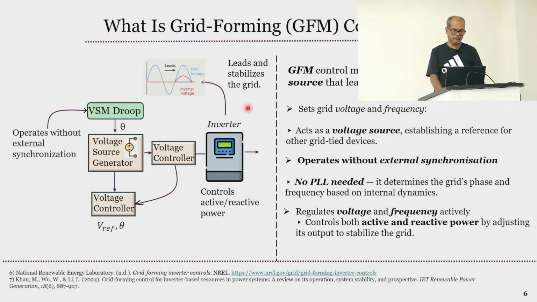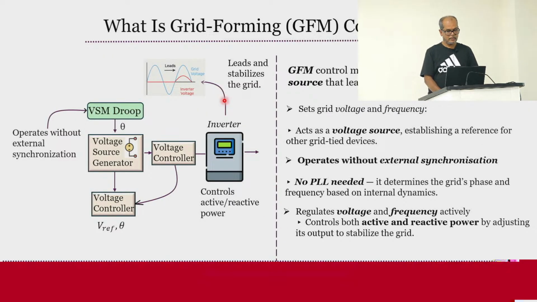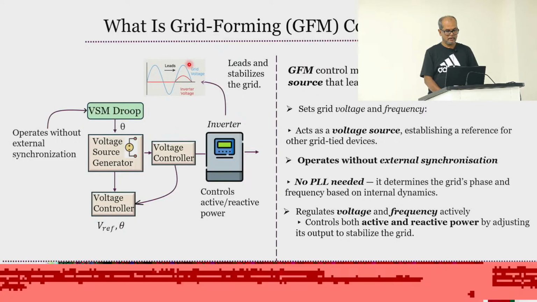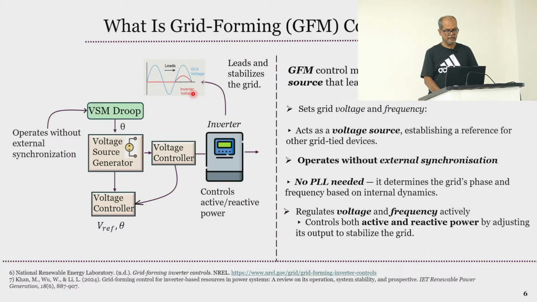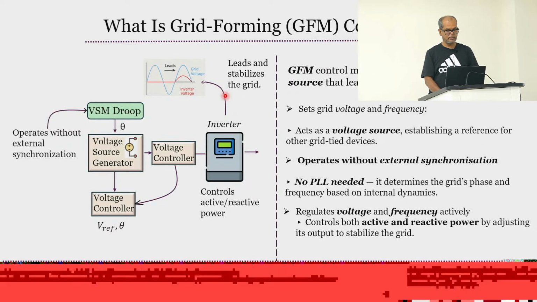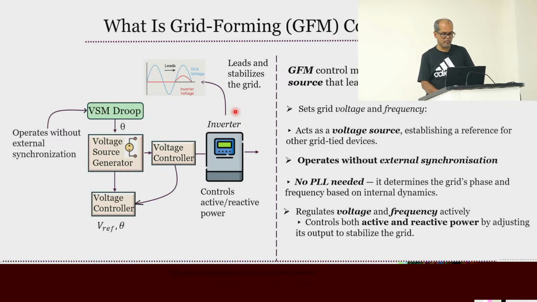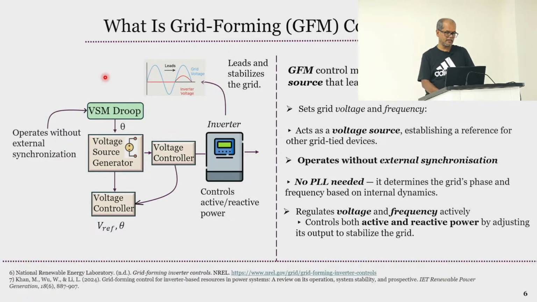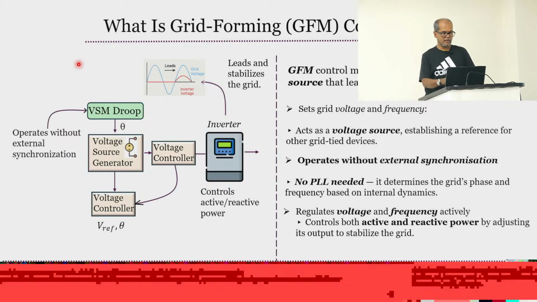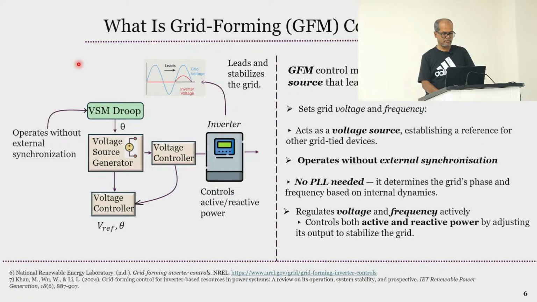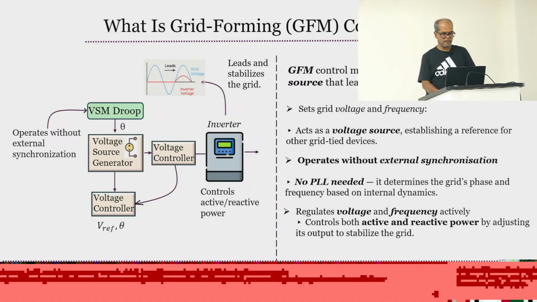Here, as I said, the inverter is the leading one, not the following one that we mentioned in previous cases. And here you can see that we don't need any external PLL for synchronization purposes.